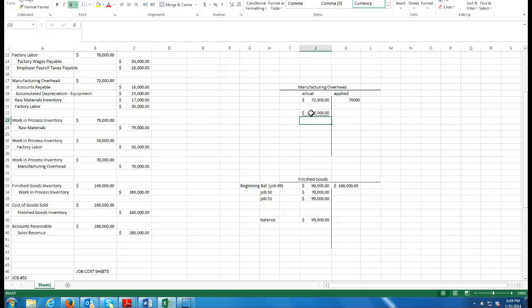And so you want to take into account that money that really you did actually spend, but we didn't quite have our numbers right in our predetermined. So we can really apply that revenue against the cost. Otherwise, we think we've got a greater profit than we really do. In this case, what we assumed our manufacturing overhead to be really was a little short. So we underapplied it by $2,000.